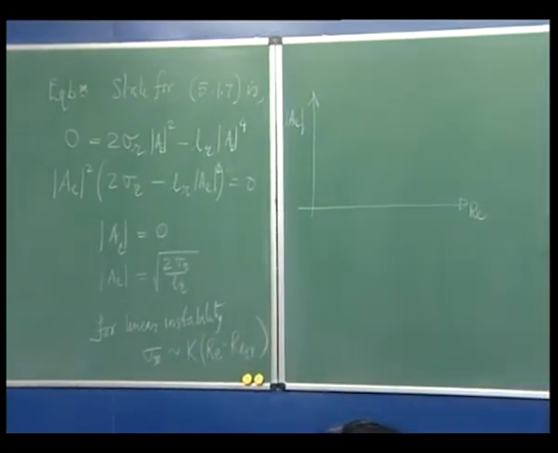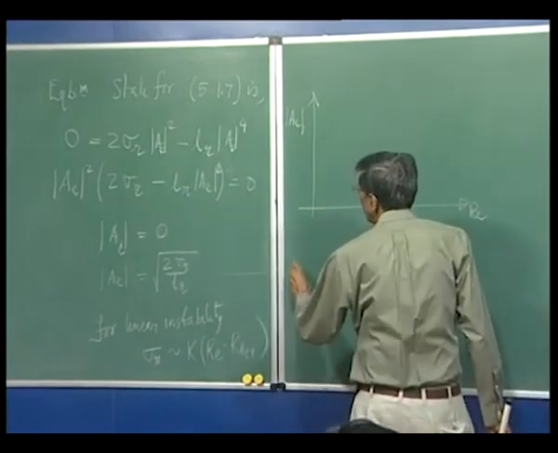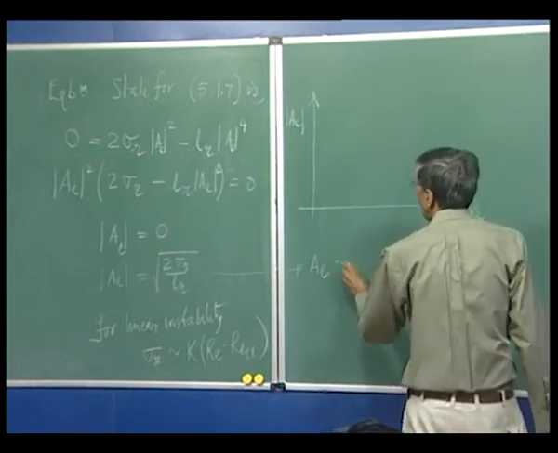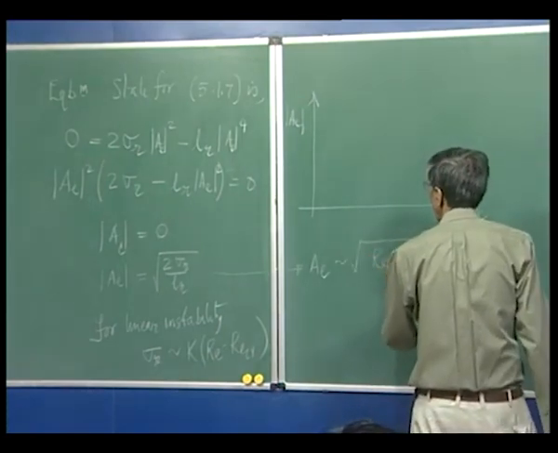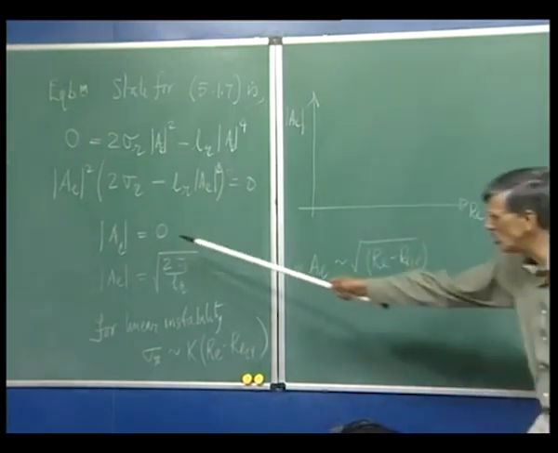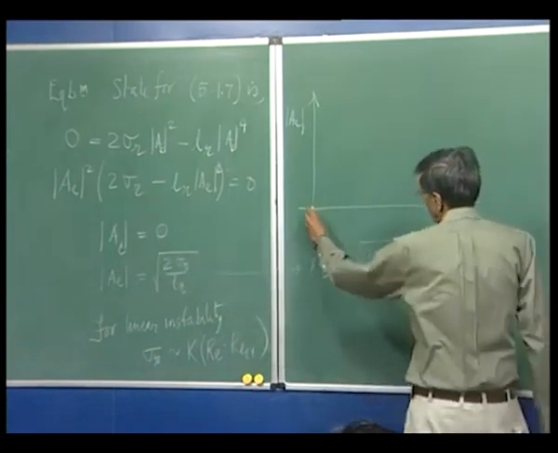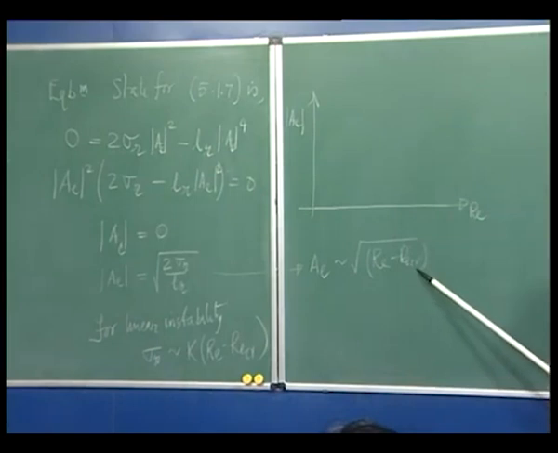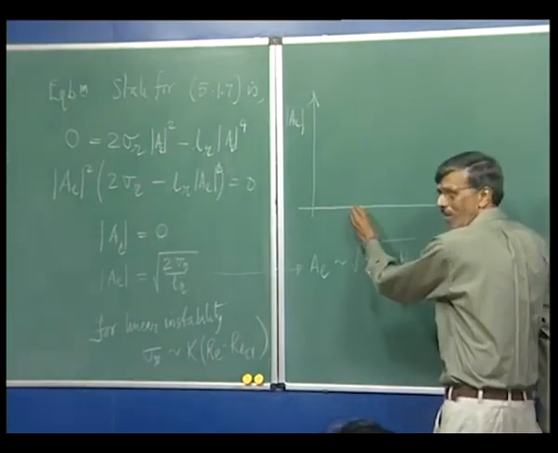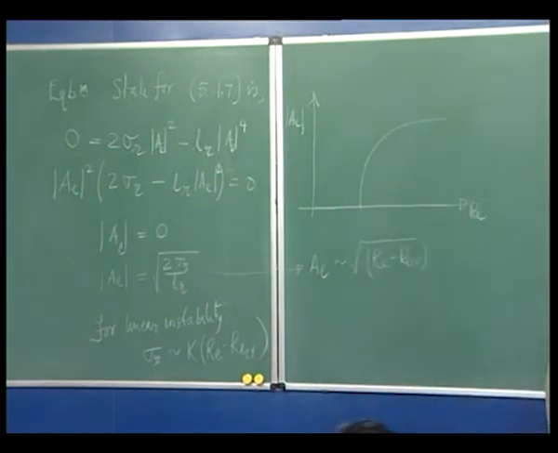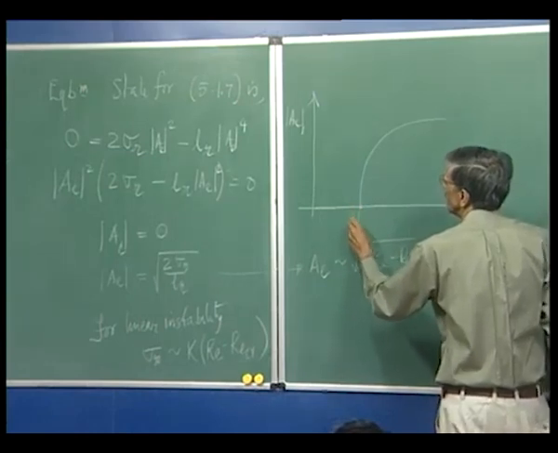So, if I do that, what does this tell us? This tells us A e goes like this. So, one of the solutions is A equal to 0. So, that could go on here, one branch of the solution. The other branch would be starting from R e critical, and that will be a parabola, right. And we said that this is your Hopf bifurcation.